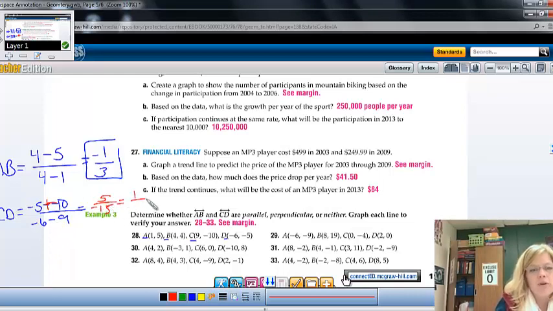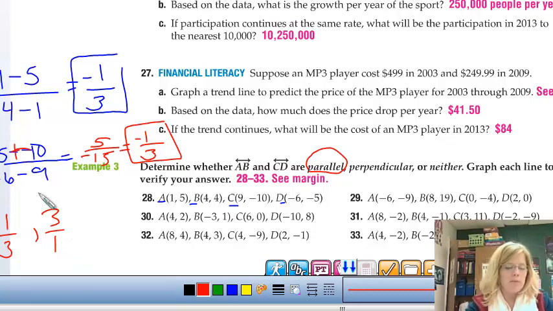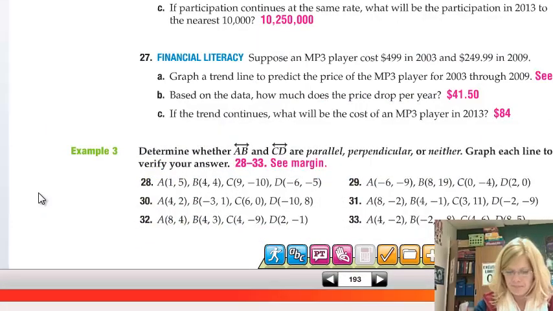Yeah, it's reduced to actually a -1/3. If they are parallel, they have to be the same. Are these the same? Yes, that's why it's parallel. If they were perpendicular, they would have been opposite reciprocals. For example, what's the opposite reciprocal of -1/3? Yeah, it is positive 3 over 1. And if it's not the same or opposite reciprocals, then it's neither.